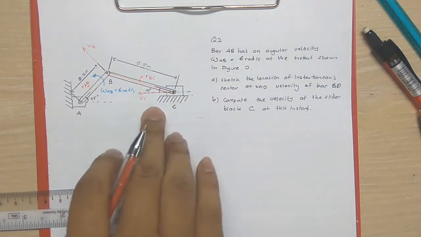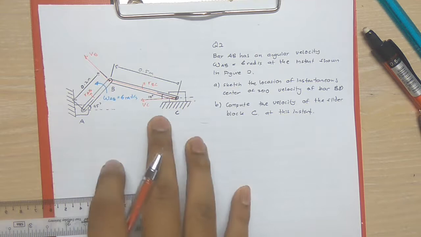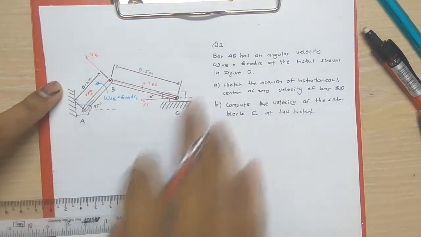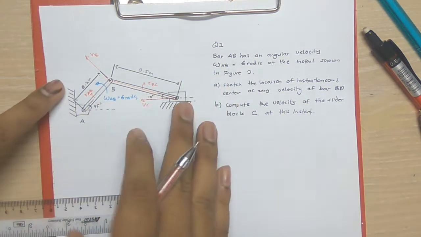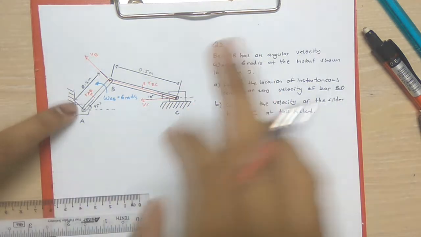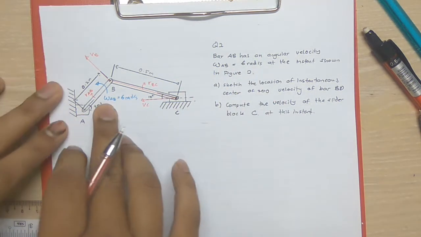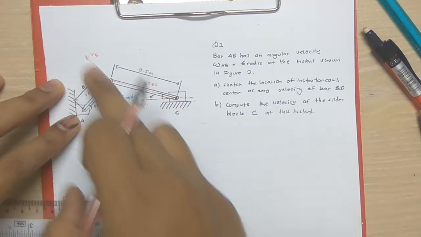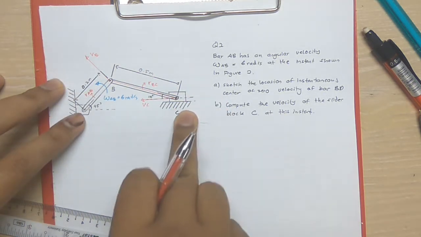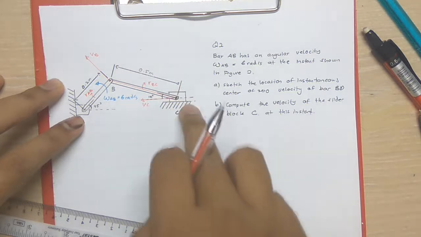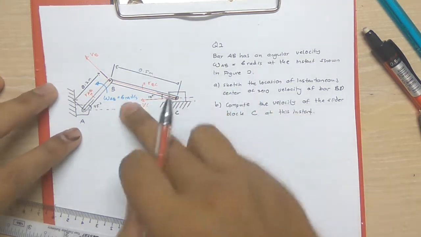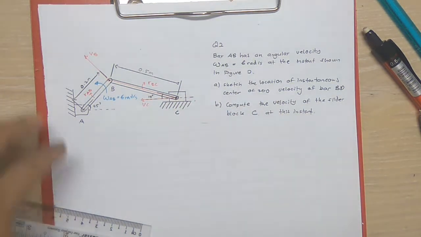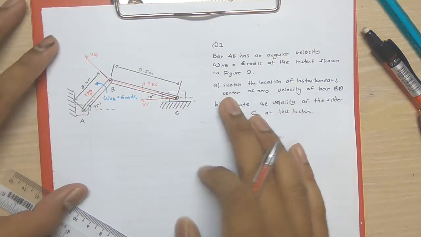Okay, we understand the figure and how it rotates. Omega AB rotates to the left, so VB will go to the top left, and for C, VC will go straight to the left. Okay, so we proceed with the question.